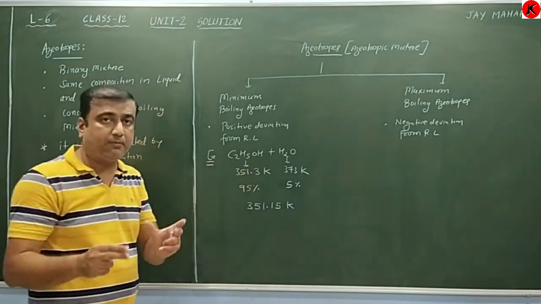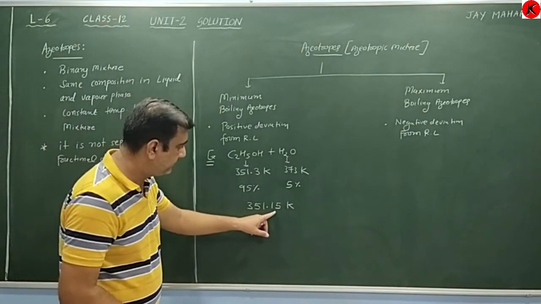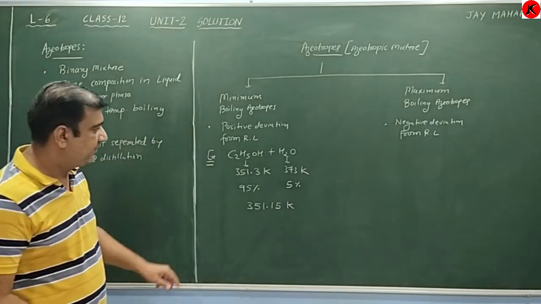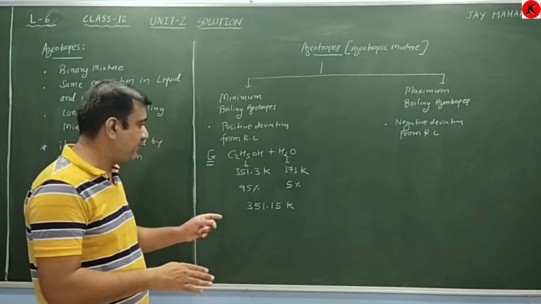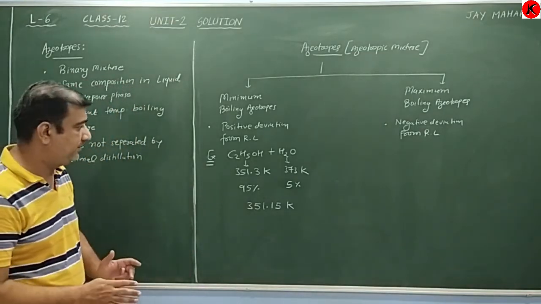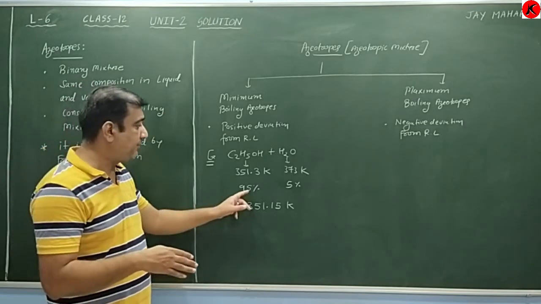This mixture boils at this temperature and has the same composition in liquid phase and vapor phase. That means no further separation is possible. We can separate a maximum of 95%.